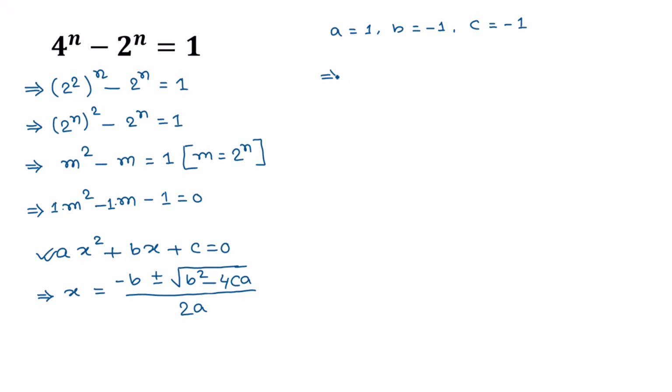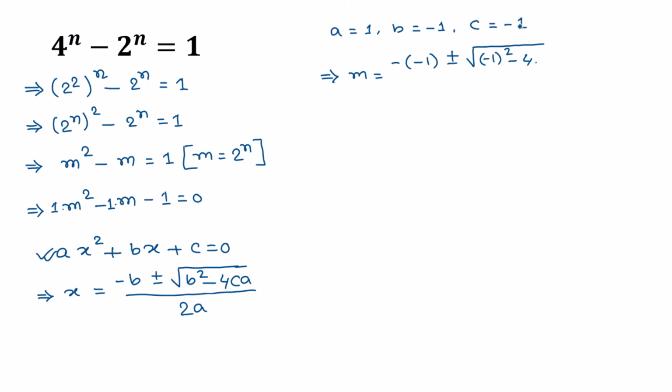So we can write m is equal to negative b, that means negative of negative 1, plus or minus the square root of b squared, this b squared means negative 1 whole squared, minus 4 times c times a.